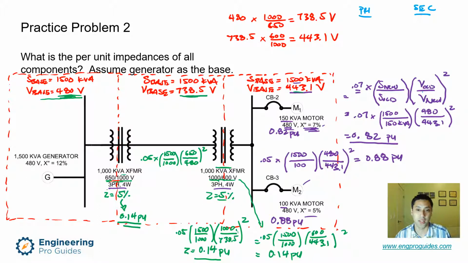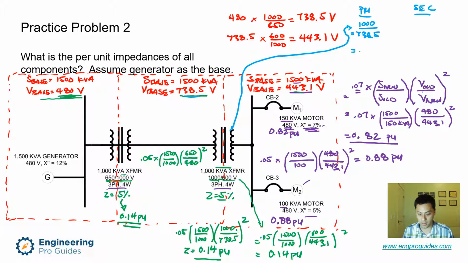For this transformer, the old is 1,000 and the new on the primary side is 738.5. And that ratio is going to be 1.354.